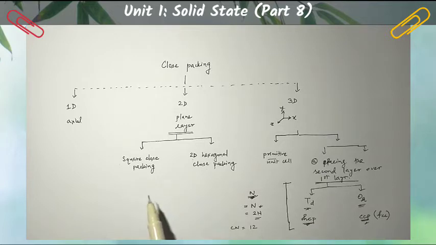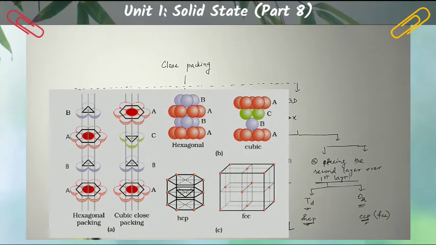If you see this figure, one constituent particle is surrounded by 12 neighboring particles: 1, 2, 3, 4, 5, 6, 7, 8, 9, 10, 11, 12. The CCP is also the same: this constituent particle is covered by a total of 12. That's why the coordination number is 12 for both cases.